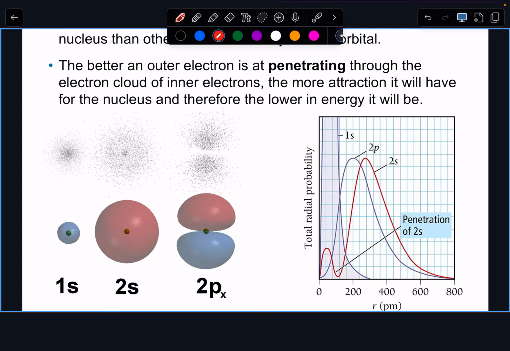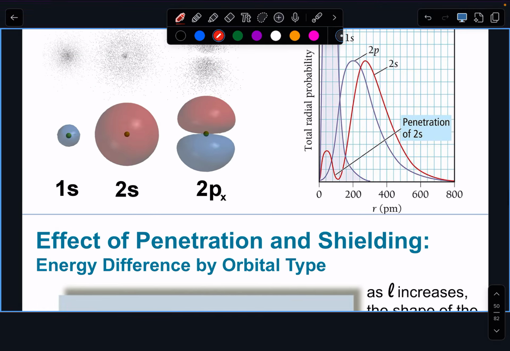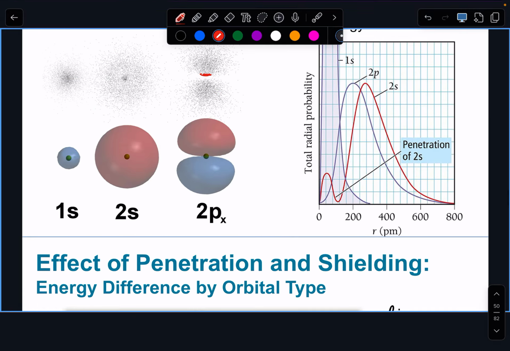I'm going to skip over this picture and actually show the one with S, P, and D. So the S has these places where it can get really close to the nucleus because of its physical shape, because it's a sphere. The P has a little bit better than the D, but not nearly as good as the S. Again, if we look at this picture from up here, you can see the electrons can only get about that close to the nucleus and only in those two little regions.